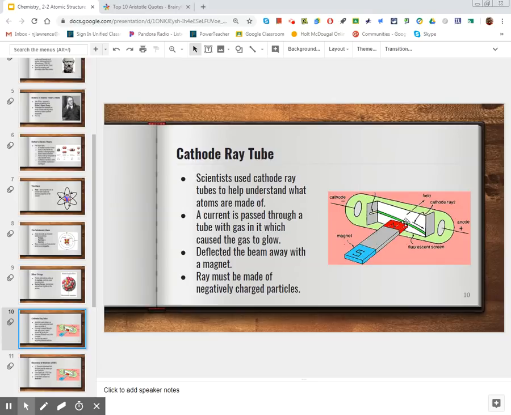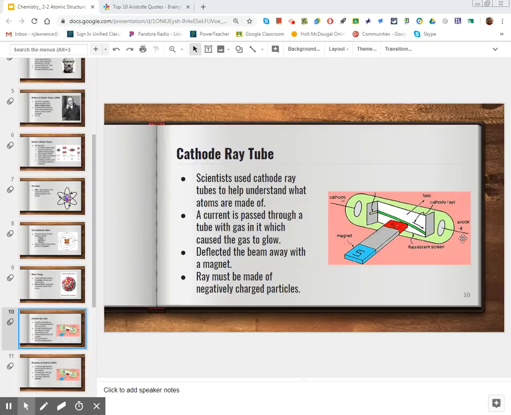It was a tube filled with different noble gases. So these cathode ray tubes would have different noble gases in there, and that's where the idea of neon lights came from, because that's a certain form of a cathode ray tube with neon gas in there and electricity passing through it. But what happened is these glass tubes had gas inside.